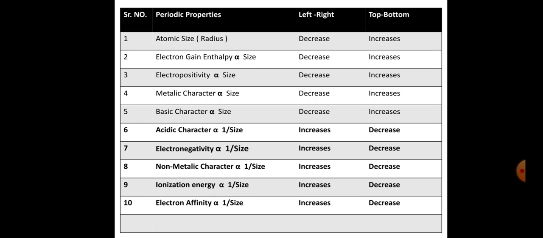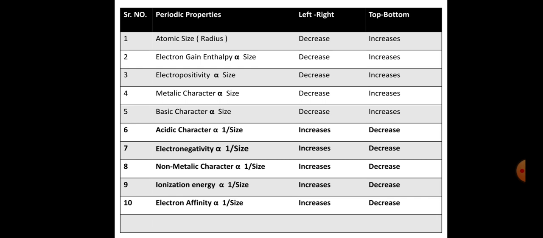Metallic character means a few properties of metals: it has luster, it is sonorous, ductile, and malleable. These properties are directly proportional to size.